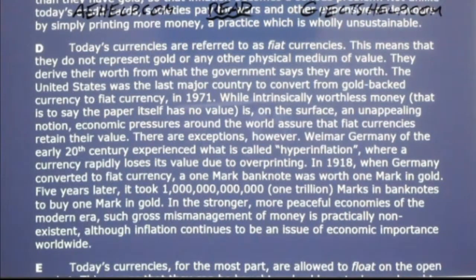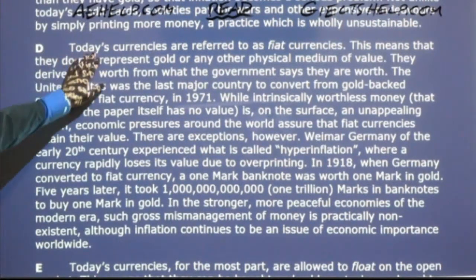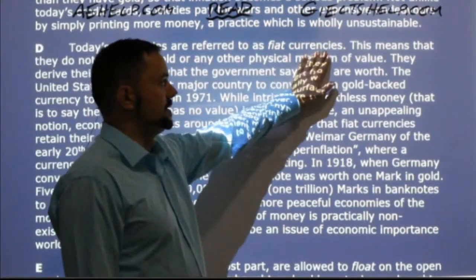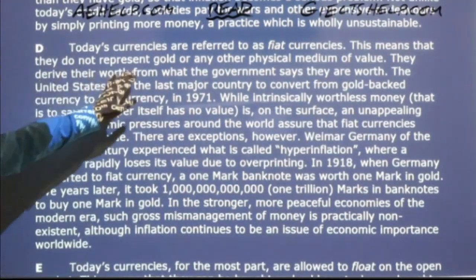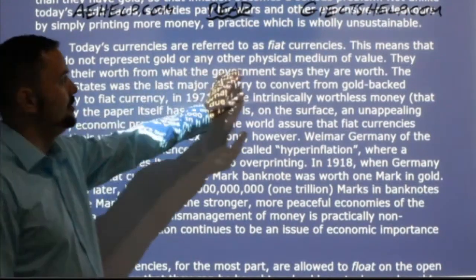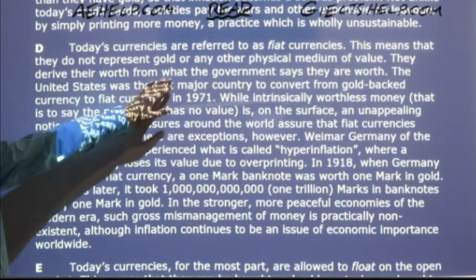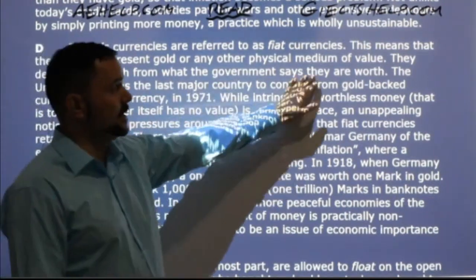Here we go. So, today's currencies are referred to as fiat currencies. This means that they do not represent gold or any other physical medium of value. They derive their worth from what the government says they are worth.